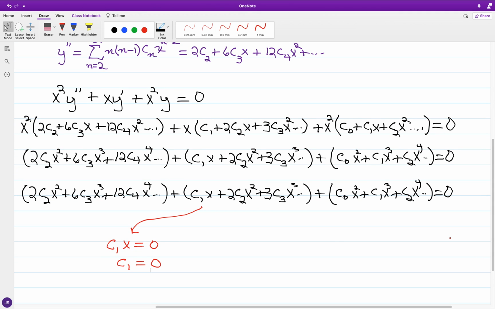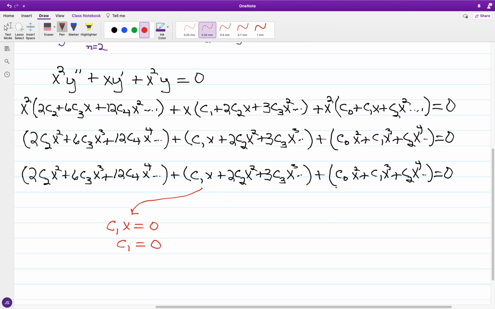In terms of anything else that c1 would be mapped with, if I were to continue, c1 reappears as x cubed, we have c of 3 x cubed. So there's going to be a domino effect, because odd coefficients will be joined with other odd subscripted coefficients. So you have 6c of 3 plus c of 1 equal to 0, at least from this particular part.